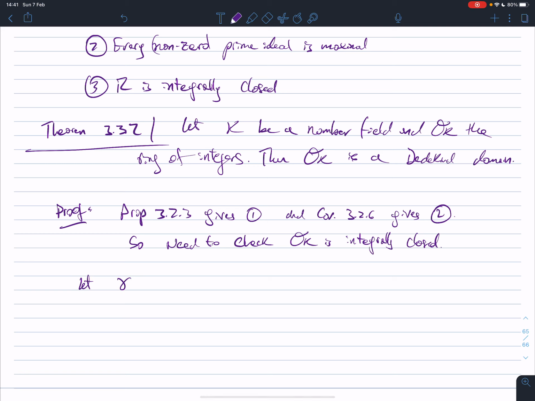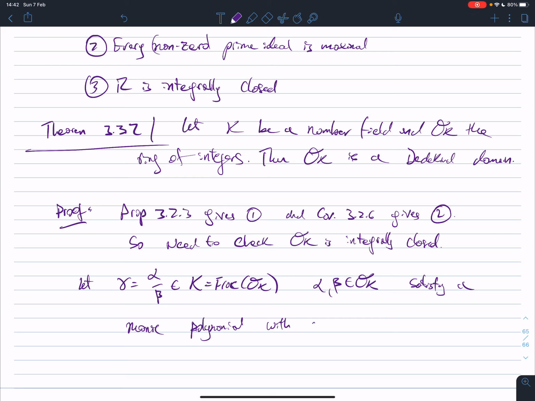So I'm going to take gamma to be alpha over beta in K, which I remind you is the same thing as the fraction field of O_K, with alpha and beta in O_K. Let's assume that this element satisfies a monic polynomial with coefficients in O_K.